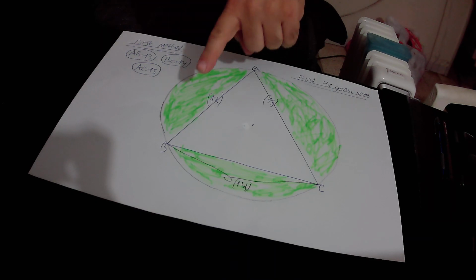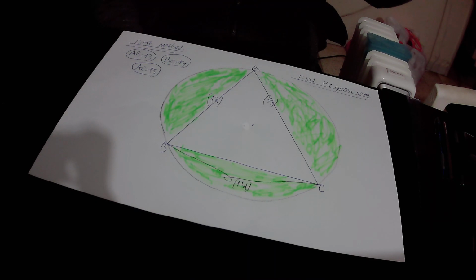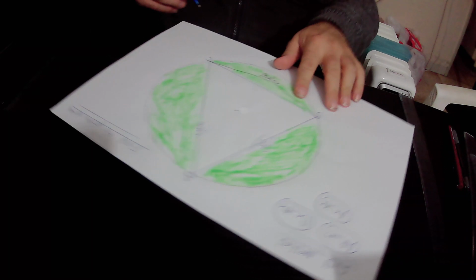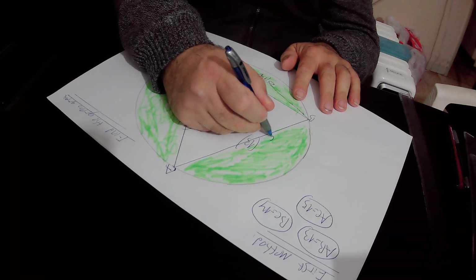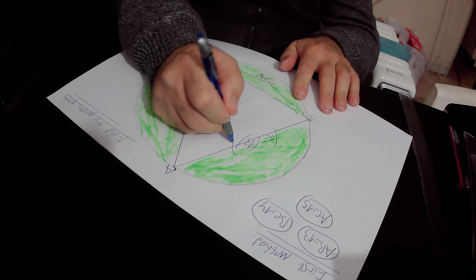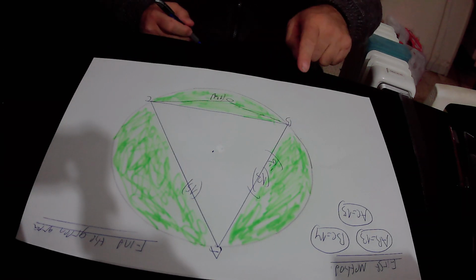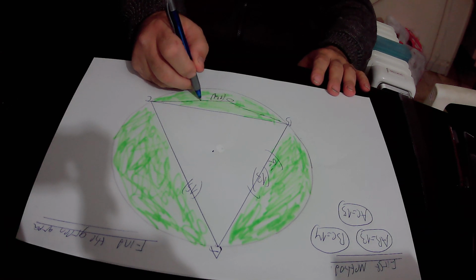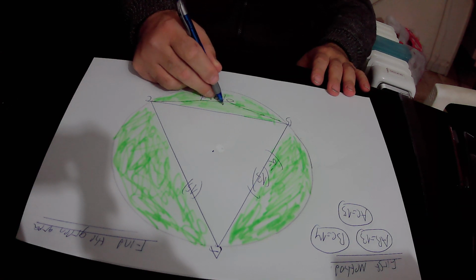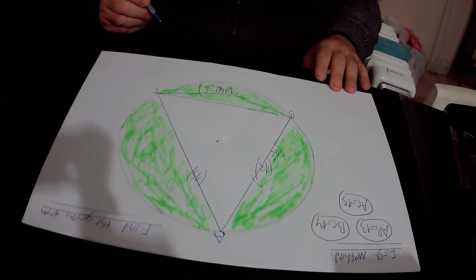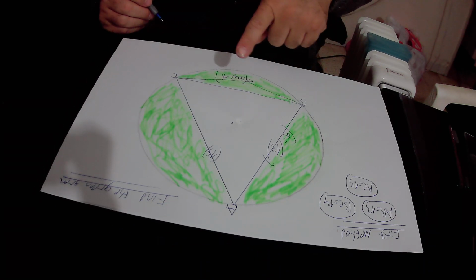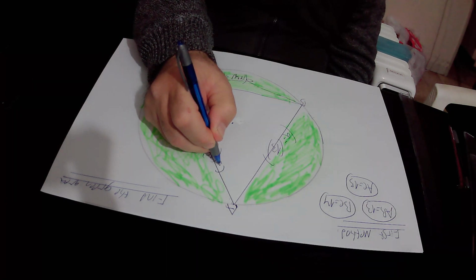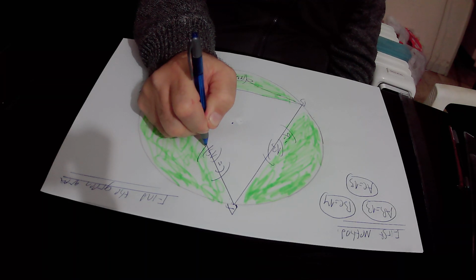We define the length of side AB as A, and we know that A equals 13 units. We define the length of side BC of this triangle, triangle ABC, as B, and we know that B equals 14 units in its length. And finally, we define side AC of this triangle, triangle ABC, as C, and we know that C equals 15 units.